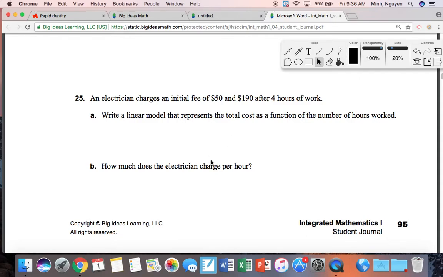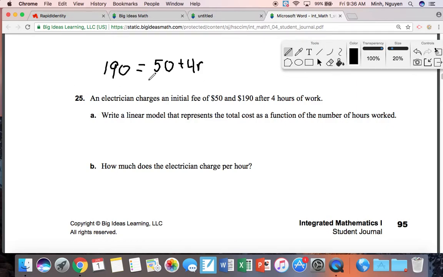An electrician charges an initial fee of $50 and $190 after 4 hours of work. So another way to frame this is $190 is equal to his initial fee plus 4 hours multiplied by whatever rate he charges. It does not say how much he charges per hour, right?